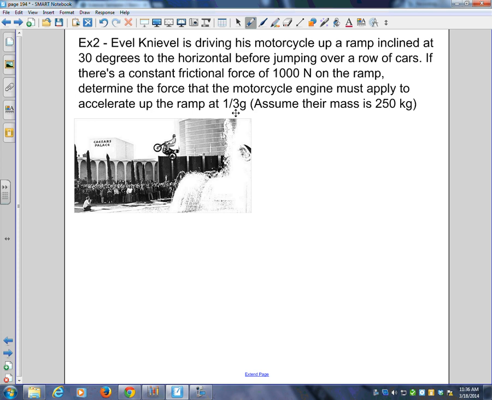Did he crash when he jumped over Caesar's Palace? Oh, the fountain. Did he crash? Yeah, I think he did, yes. You'll notice how far back they've got people here behind barricades. That was the 1970s, right? Seatbelts, safety, whatever. He was probably smoking as he was jumping.